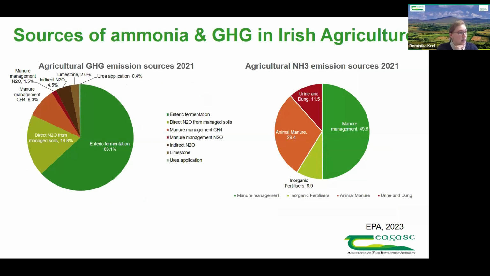But on the greenhouse gas side, approximately 10% of agricultural emissions come from manure management. That's mostly from methane, CH4, and also from nitrous oxide, N2O. That 10% is fairly substantial if you think about just animal housing and slurry storage.